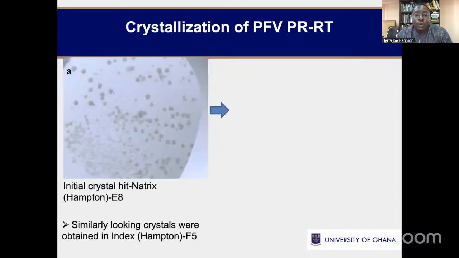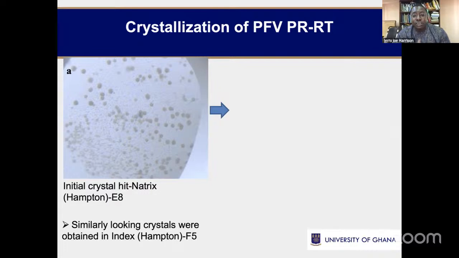And so we went on to try our crystallization. I don't want to bore you with all the details, but we tried various options. This is one of the nicest hits that we got from Matrix. In Index, there was another one as well.